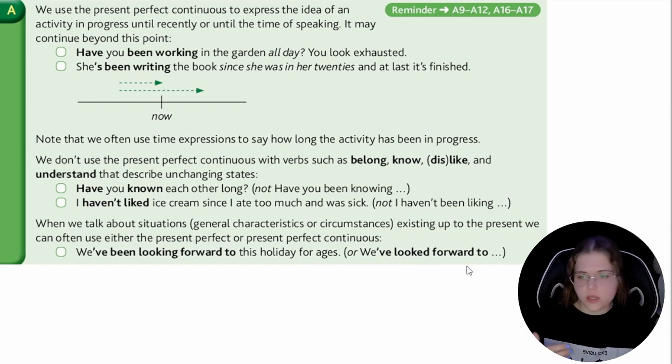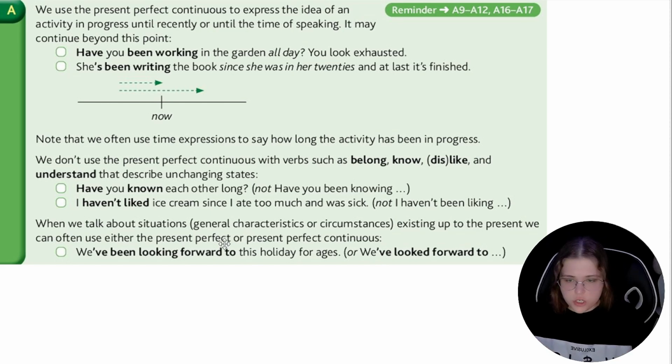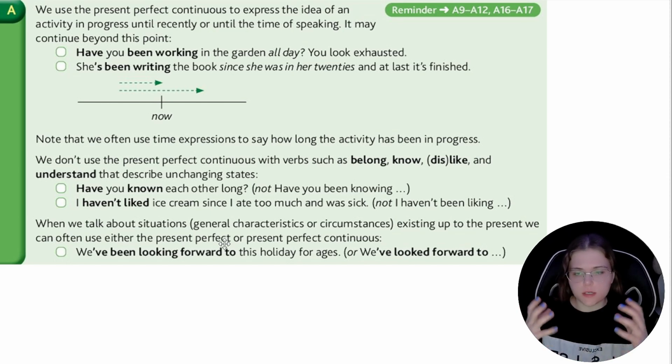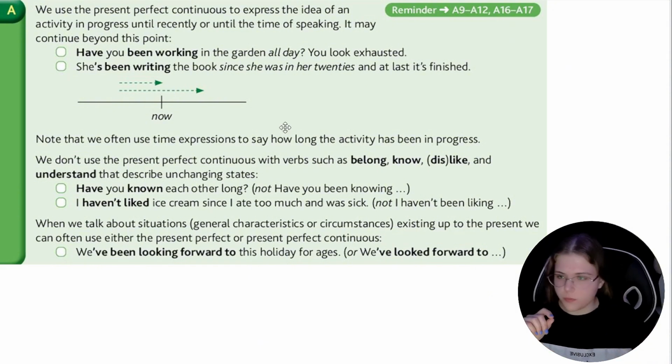We can use both the present perfect and present perfect continuous here, because here we talk about situations which are existing up to the present moment. If we want to emphasize the duration of it, we have to use perfect continuous, and if it's just about a result, then present perfect.